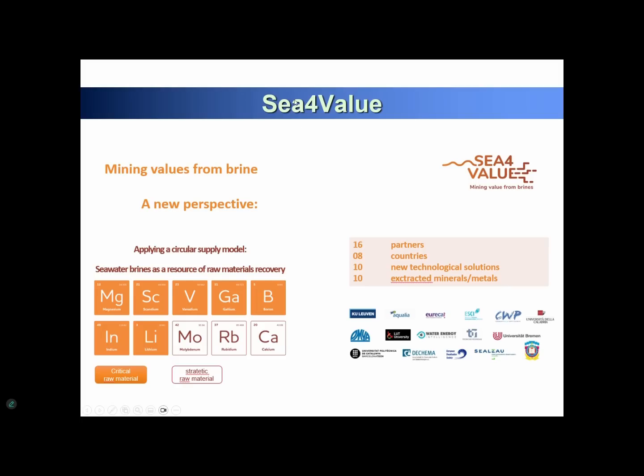If you look at the SEA4VALUE project in Europe, they try to recover magnesium and scandium and vanadium, gallium, and boron, indium, and lithium, molybdenum, rubidium, and calcium.